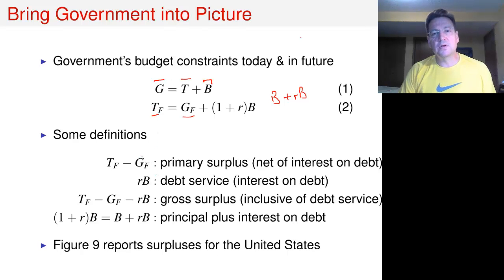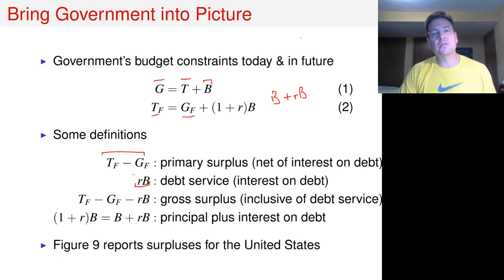There are some definitions that are used in discussions about fiscal policy. The first is what's called the primary surplus. So we can think of T minus G as the surplus net of any interest on the debt. R times B is debt service. This is the interest that has to be paid on the debt.